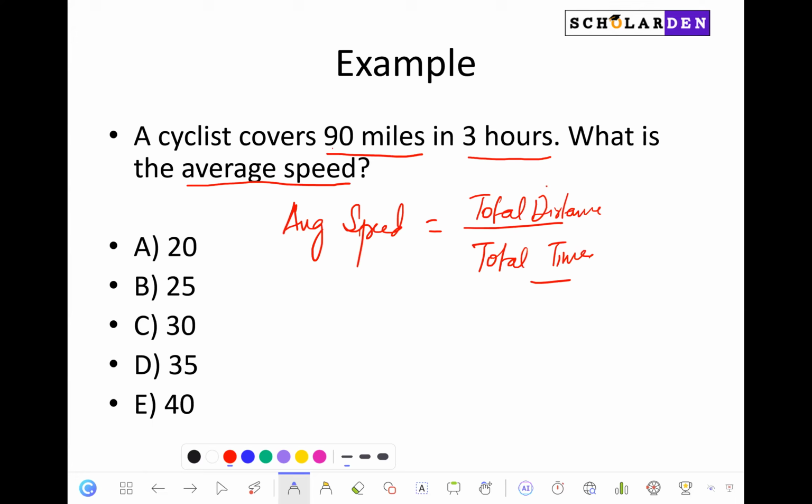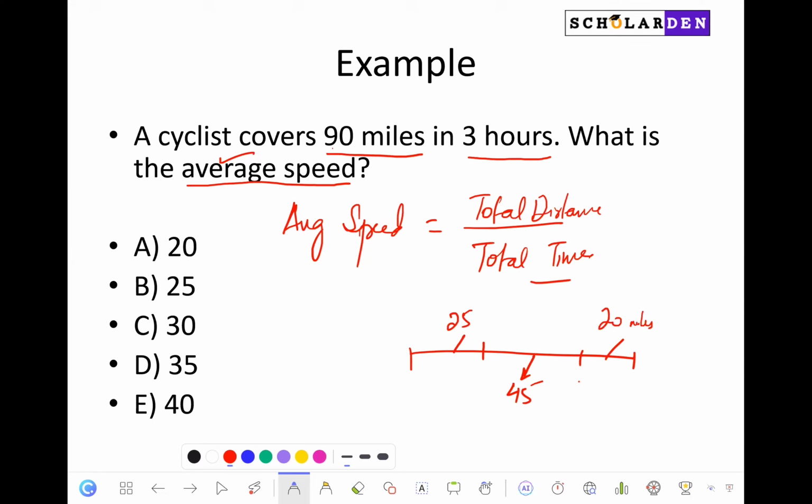Why am I emphasizing this word average is that, for example, it is absolutely possible for the cyclist, let's say these divisions represent each hour, to have done 25 miles in the first hour, 45 miles in the next hour, which is 70, and then 20 miles in the last hour.